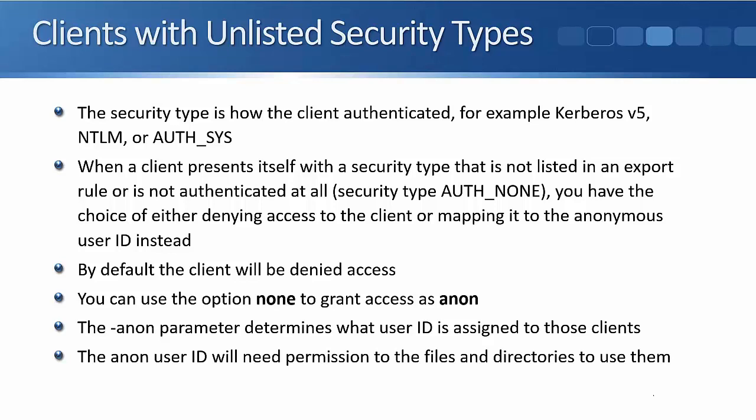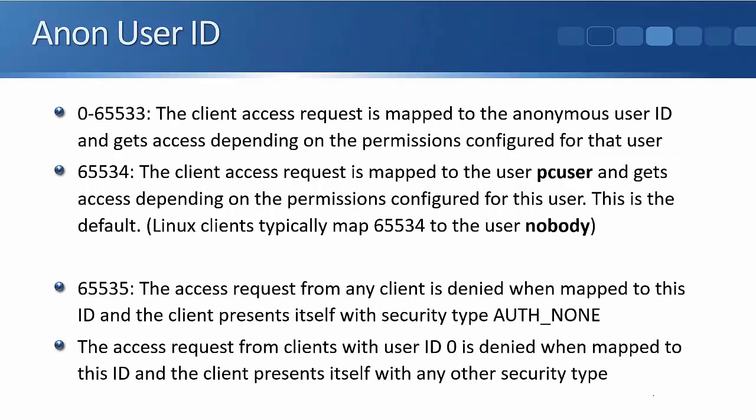So the anonymous user will be assigned a user ID. That user ID will need permission to the files and directories to be able to use them. Our export policy is used in conjunction with our standard Unix permissions. For a client to be able to get access to the files and directories, it needs to pass the export policy, and it needs to be granted by the Unix permissions as well.